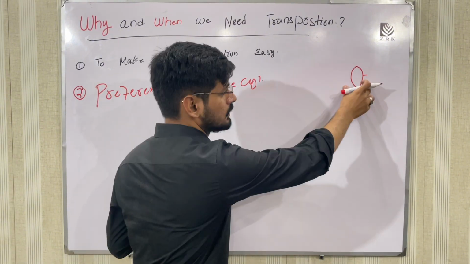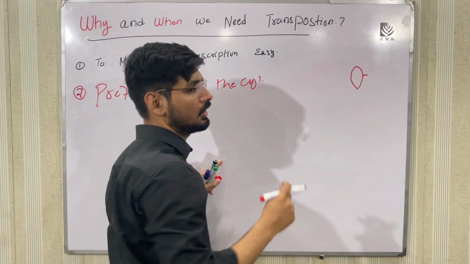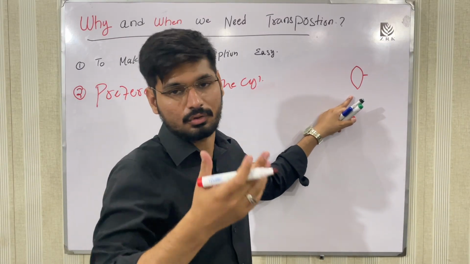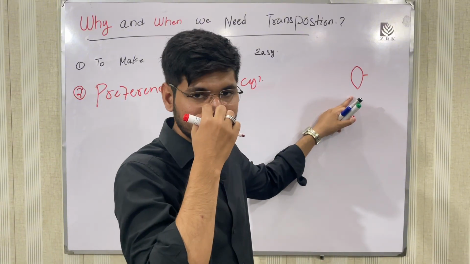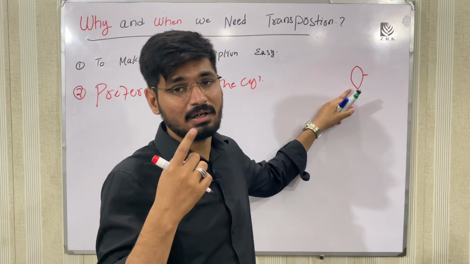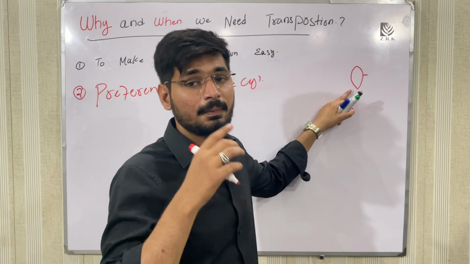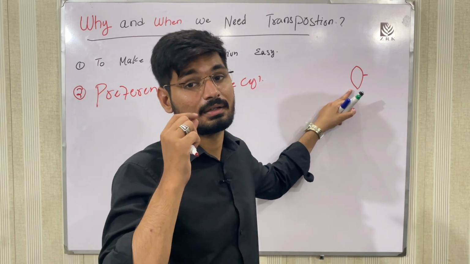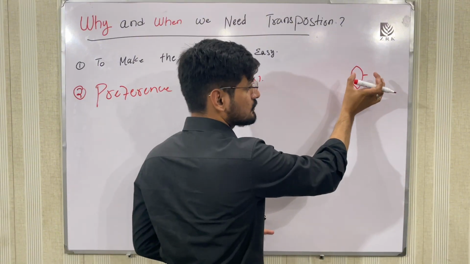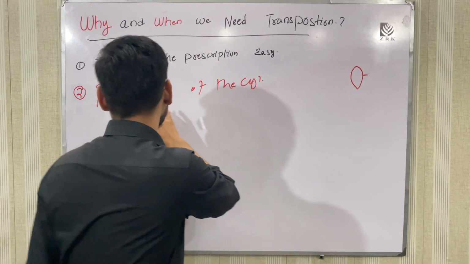Because of their thickness, first of all their cosmetic appearance is not good, because they are thick in the center if the cylinder is high. The second thing, if we give a high cylinder in plus, the patient will face optical aberrations because of the thickness of this lens.